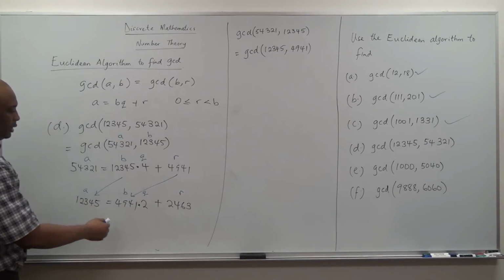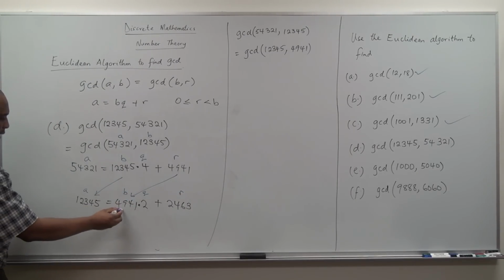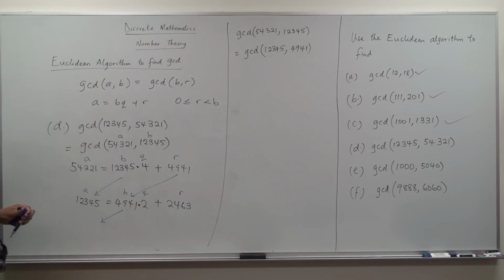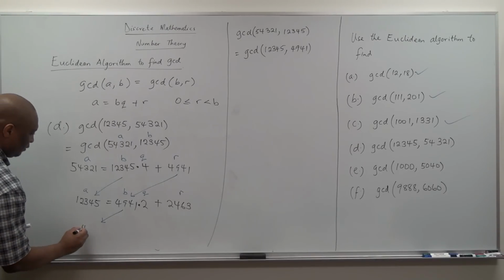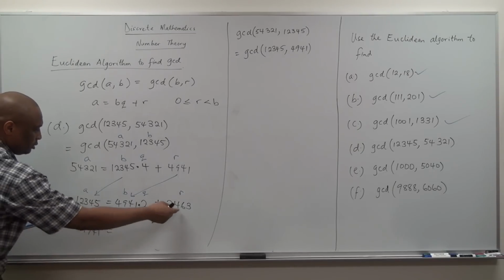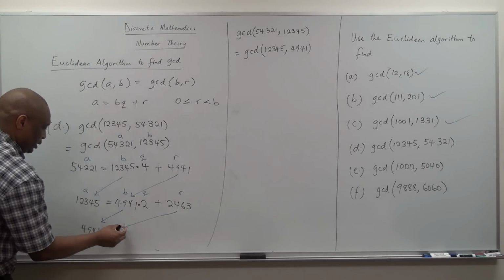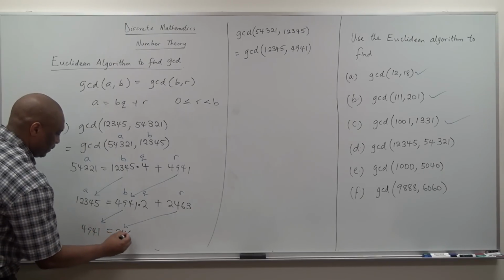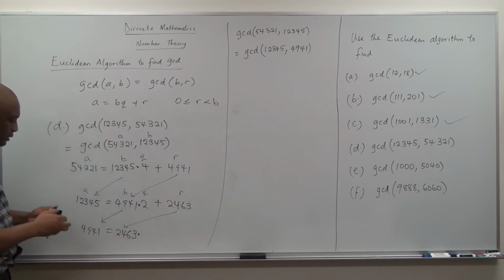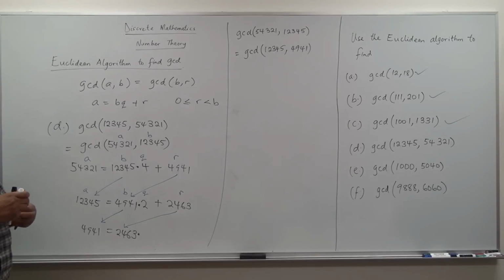So the B and the R will now turn back. This is now your new stuff. That's the way it goes. It continues that way. So this is now 4941 equal to, you bring this over here, 2463 times, we continue. 4941 divided by 2463 gives us 2.006 something.